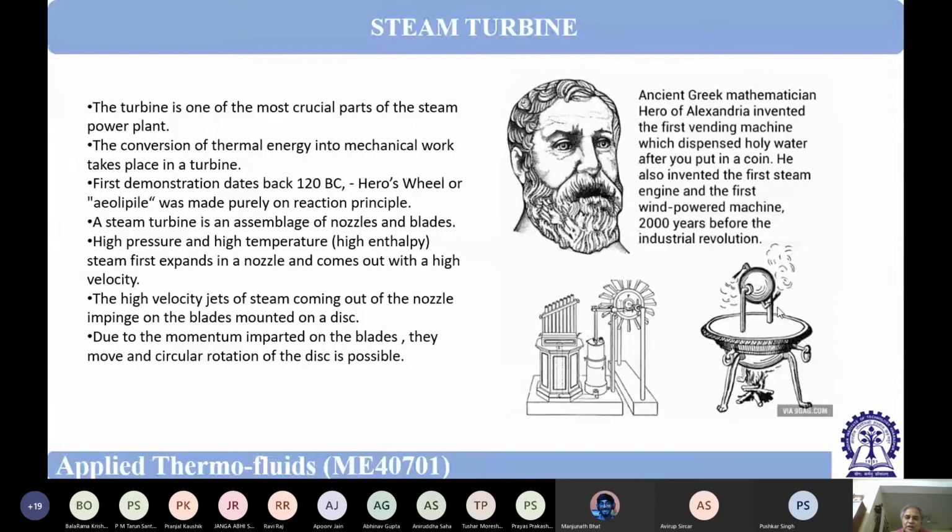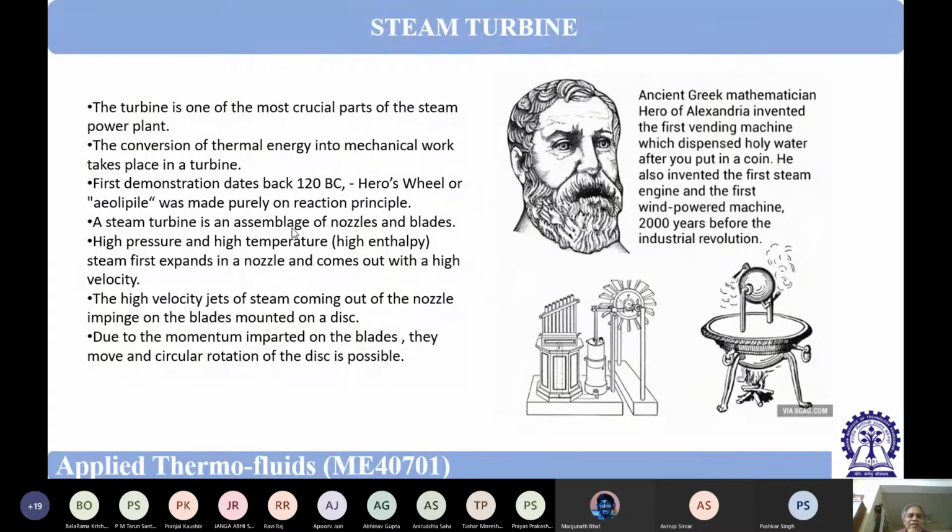So people took a few more hundred years to get a real turbine. This is also not a steam turbine. This is some sort of a gas machine which Hero of Alexandria invented. So forget about this.